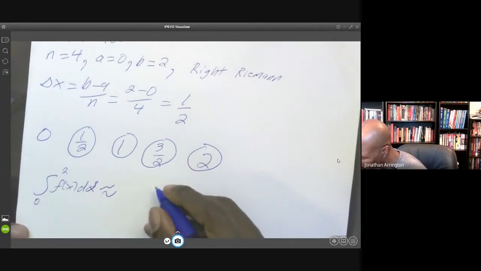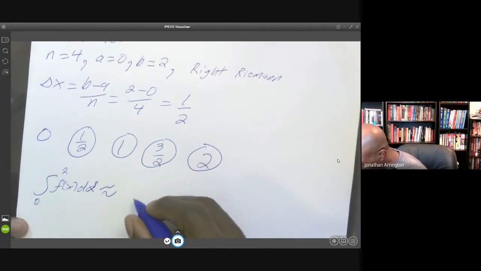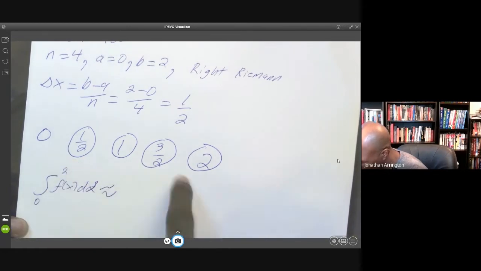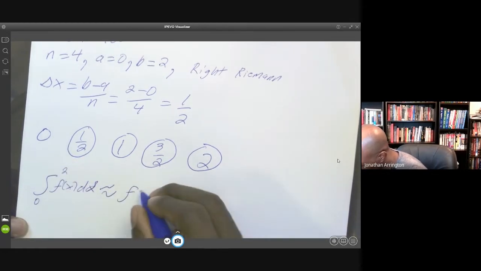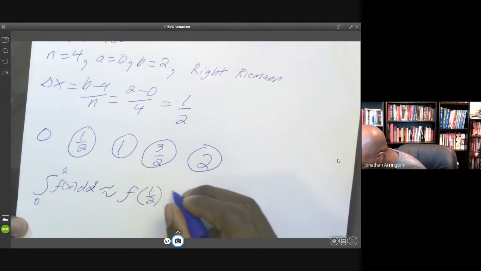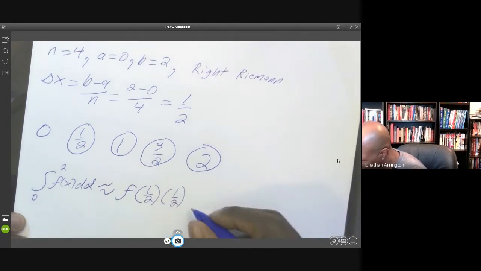And the approximation will be f evaluated at these values, and those are like the height of the rectangle, times delta x, which is the width of each rectangle.